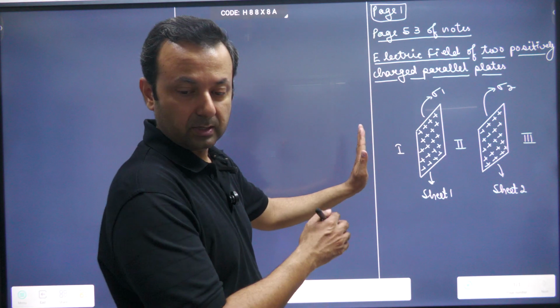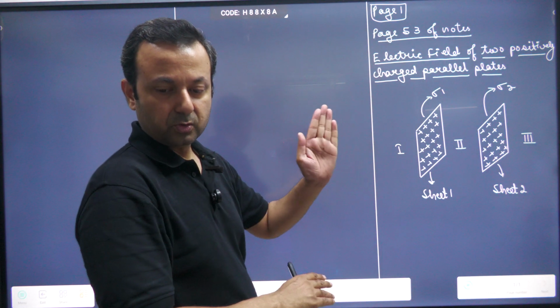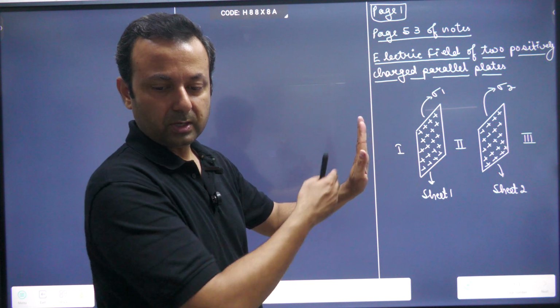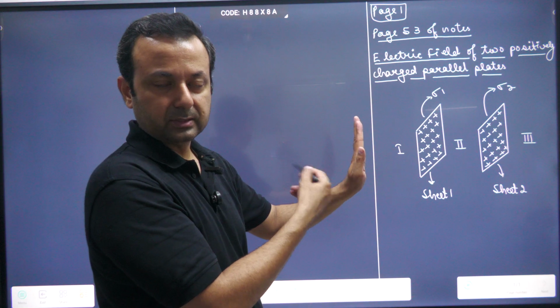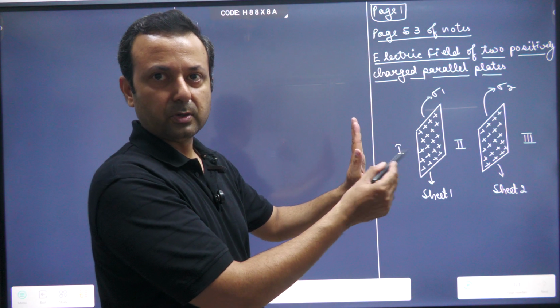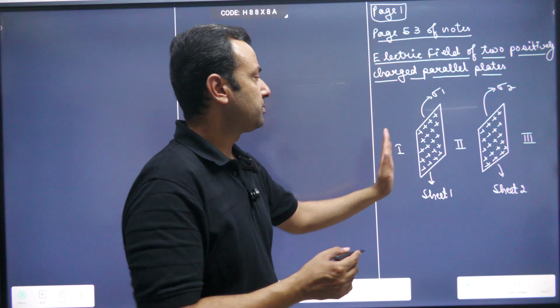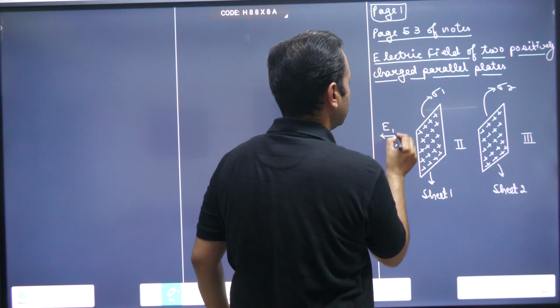Consider that this is a parallel plane sheet of charge. So I have not drawn it like this, I have drawn it like this. The positive charge plate will emit electric lines of force here also, and this plate will emit electric lines of force, E1.